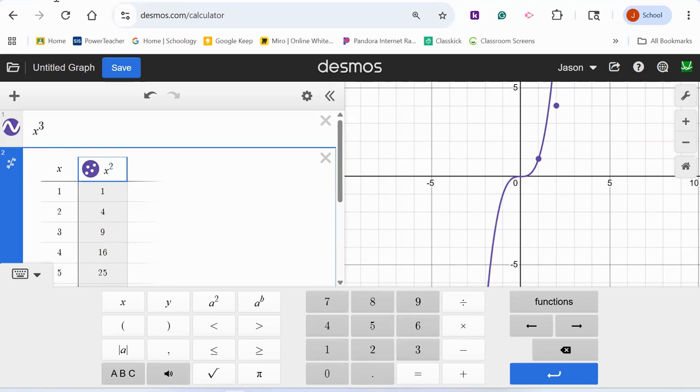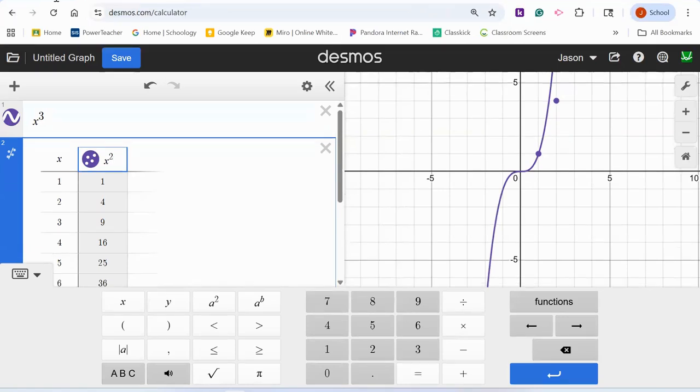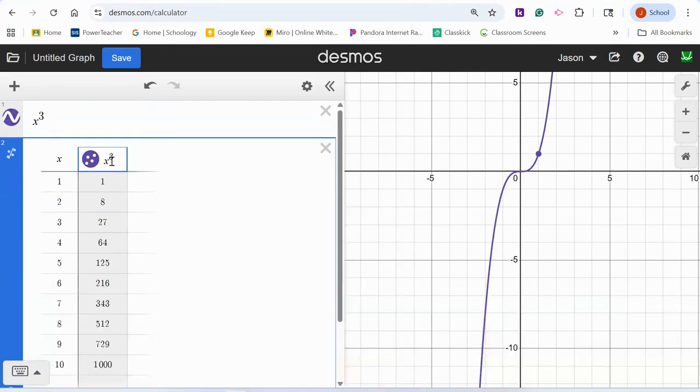And that's going to change all of our numbers. So notice when I change this to x cubed to get a list of perfect cubes, perfect thirds, that list is going to be different. So every time you approach simplifying a different root, you're going to need to redo that list and make sure you're looking at the correct set of numbers here because it can be very easy to get them mixed up.